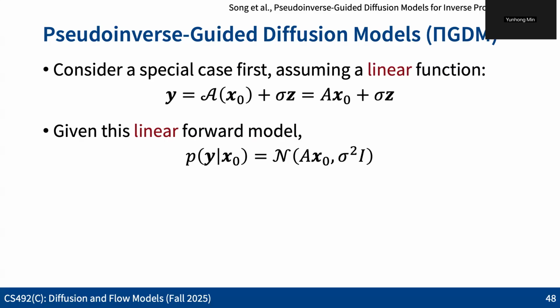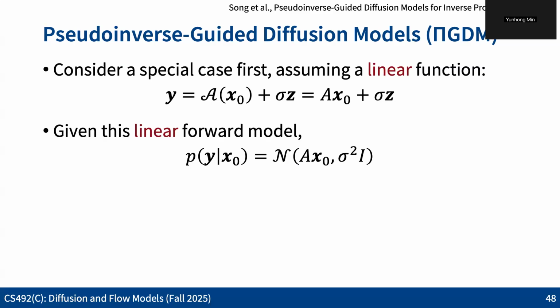Make sense? Since this is a linear function, this is the mean, and this is the variance, the standard deviation for the Gaussian distribution. And when everything is Gaussian, it becomes much easier, right? That's the purpose of making this a linear function.